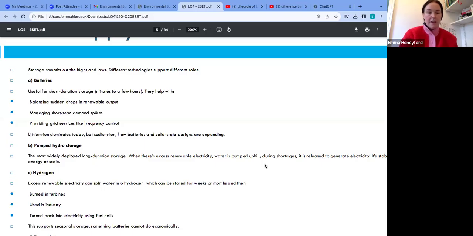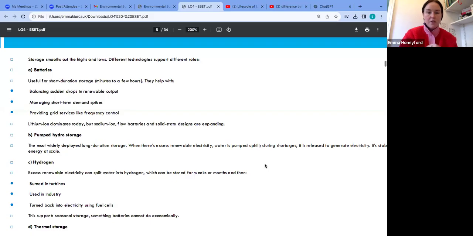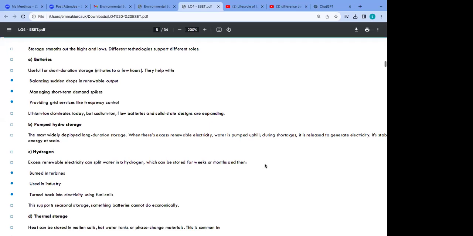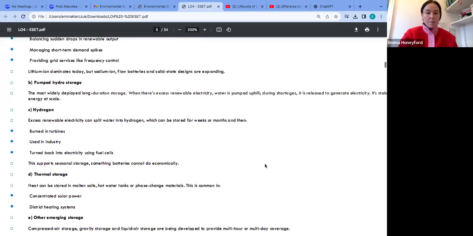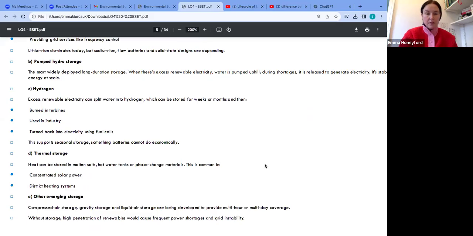So moving on to hydrogen. Excess renewable electricity can split water into hydrogen, which can be stored for weeks or months, and then can be burned in turbines, used in industry and different sectors, and turned back into electricity using fuel cells. So this supports seasonal storage, something that batteries cannot do economically.